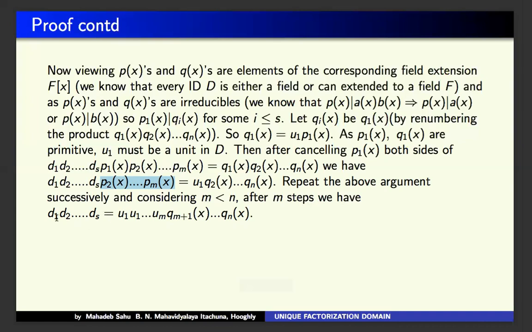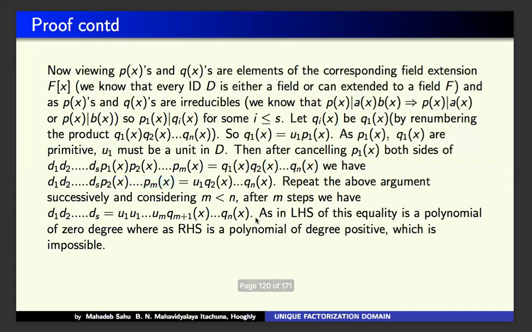After m steps, we have d1 up to ds on the left side, and on the right side u1 up to um times the rest, q(m+1)x up to qnx. The left hand side of this equality is a polynomial of degree 0, whereas the right hand side is a polynomial of positive degree, because q(m+1)x up to qnx are primitive polynomials of non-zero degree.